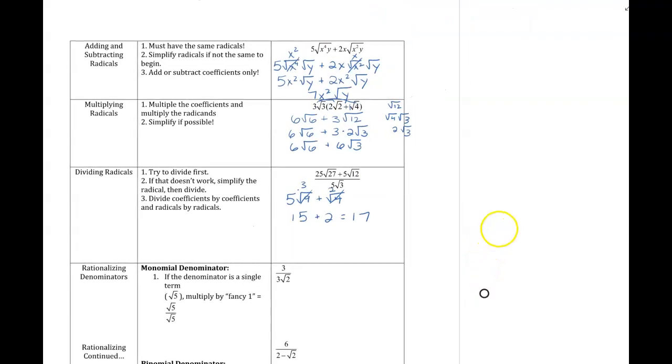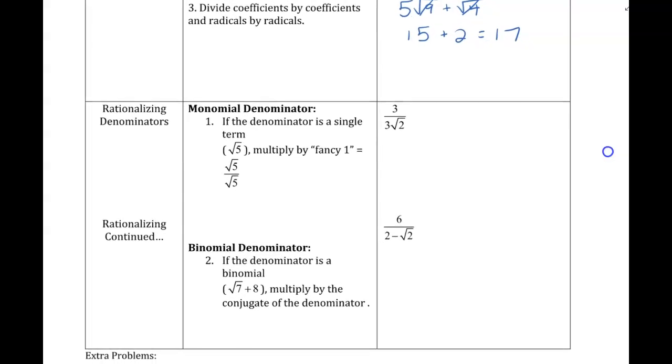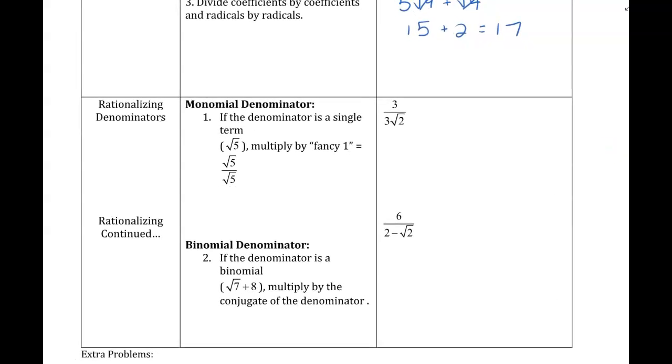When you are dividing with radicals and you've simplified everything as far as you can, you can't leave a radical in the denominator. So in order to do that, we're going to rationalize. When we rationalize, we're just going to multiply by that radical over itself. We don't care about the 3. We can leave that. It's just the radicals that we don't like and we need to get rid of.